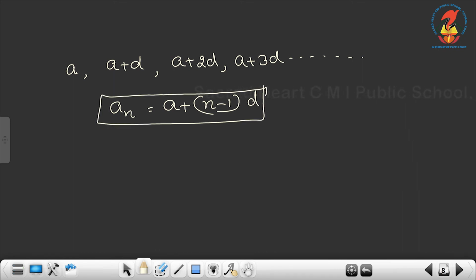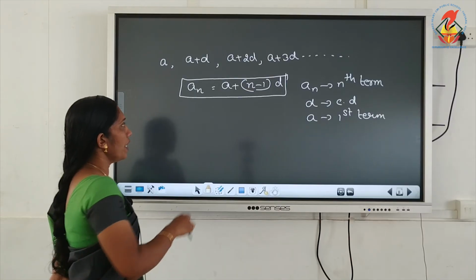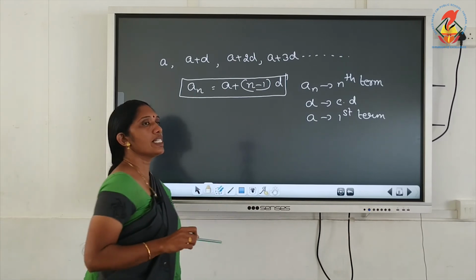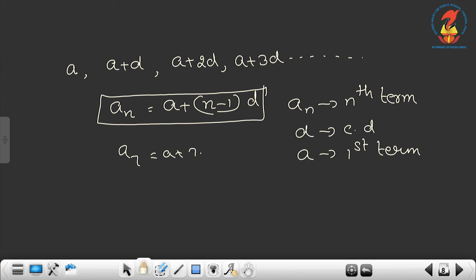An means nth term. An is the nth term, D is the common difference and A is the first term. So, if we have to find 7th term, then A7 is equal to A plus 7 minus 1 into D. That way you have to write.